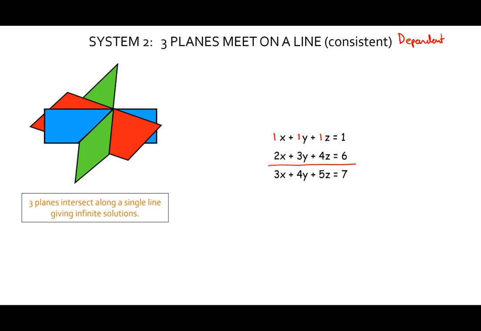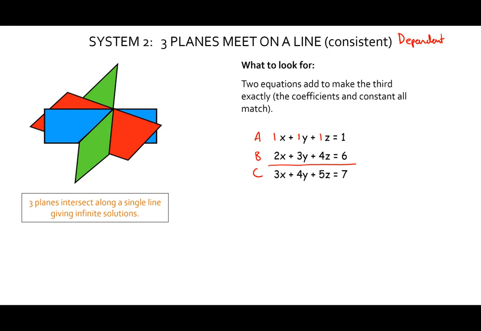The coefficients in the first two equations add up to make the coefficients in the third, and the constant term in the first two equations add up to make the constant term in the third. So the third is just a combination of the first two. So if we look at food packs A, B, and C, C is just A and B together. It's nothing new. It's a totally useless piece of information that we could have figured out ourselves.